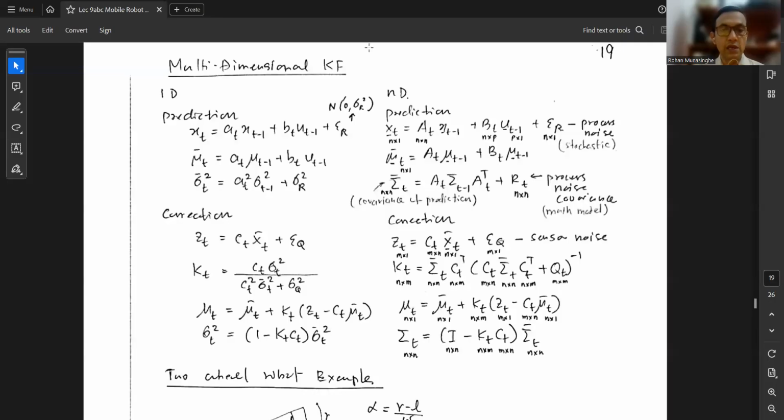All right, now here you can see side by side one-dimensional localization and n-dimensional localization. You can think about the left-hand side as a robot going along a straight line, one dimension, x direction, and you are trying to predict the position and correct the position.